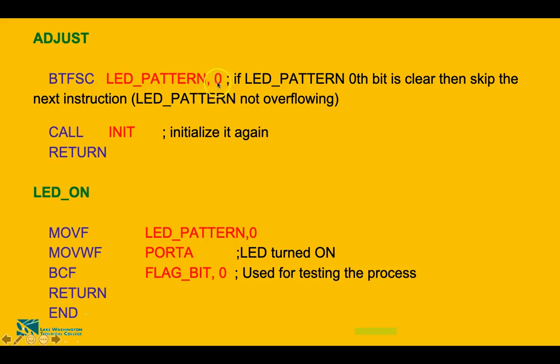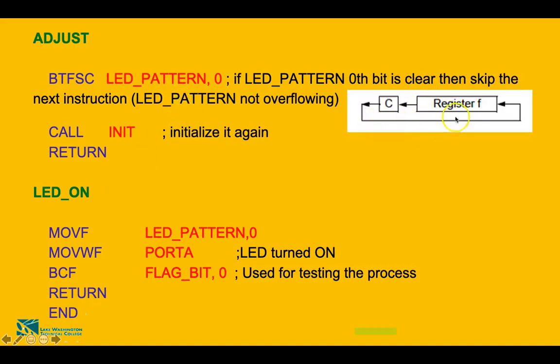The reason why it is doing it, it is going to check whether all the 4 LEDs have been rotated or not. And if all the 4 LEDs are rotated, then call init. What is this init? It is going to again feed the value into this register LED underscore pattern as 0001.